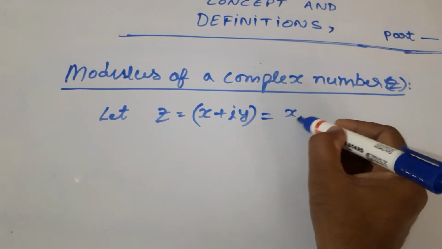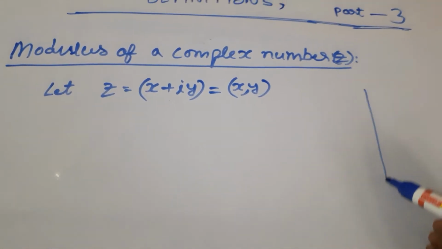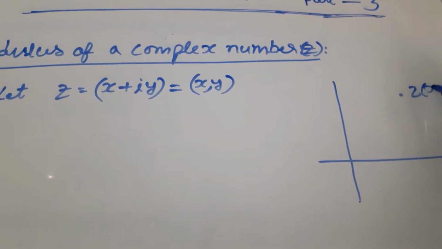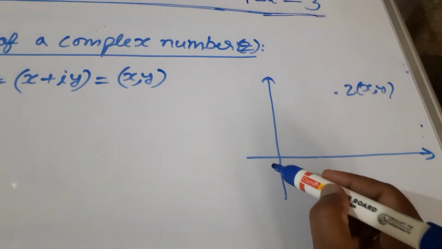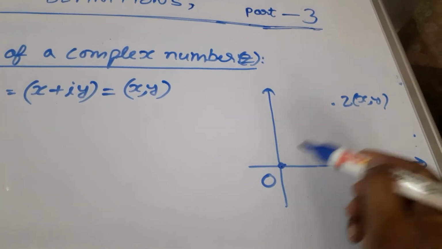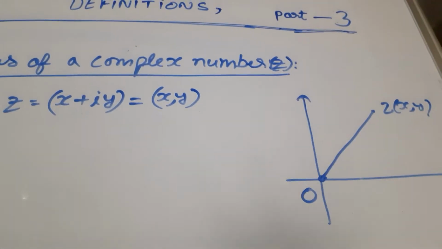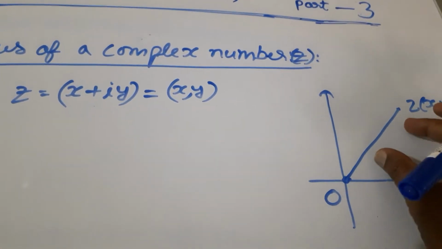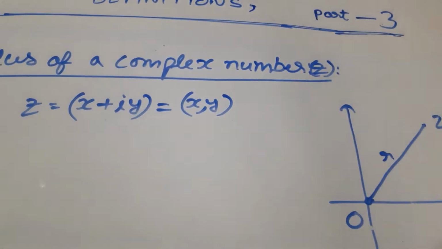In ordered pair form, this is x comma y. If you represent the complex number z, x comma y, in the complex plane, this is the origin. Then the distance of the complex number z from origin, this distance OZ, generally denoted by r, is called modulus of the complex number z.